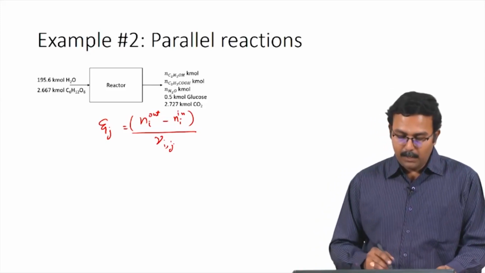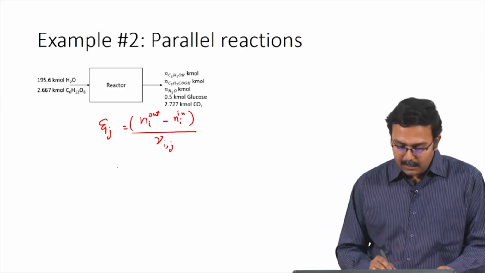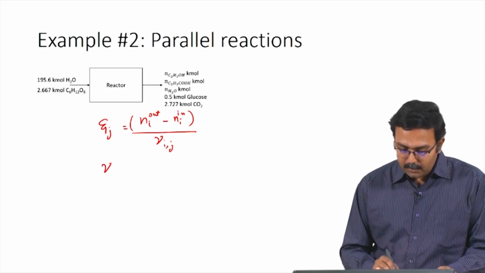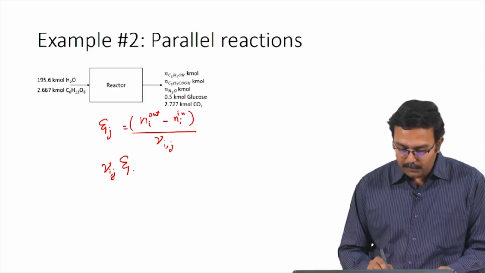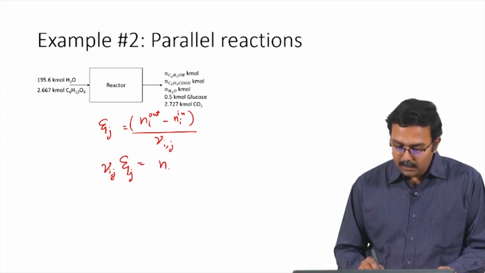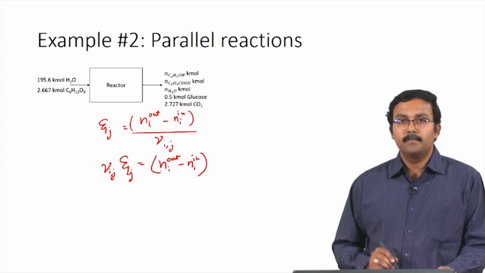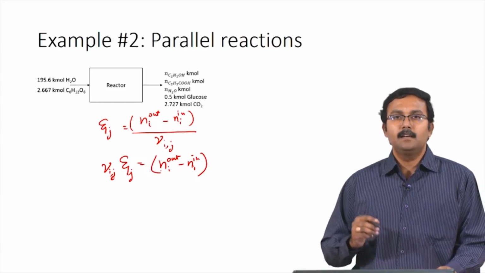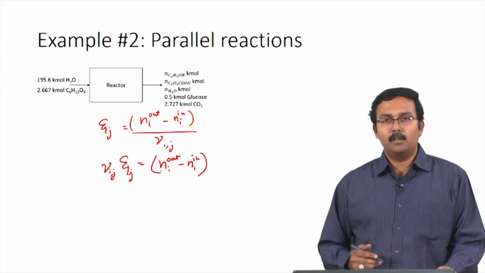So, from this equation we understand that the product of the stoichiometric coefficient of a component in the reaction j times the extent of reaction for reaction j would basically give us N out minus N in for a particular component, which is basically the change in the number of moles of a particular component.